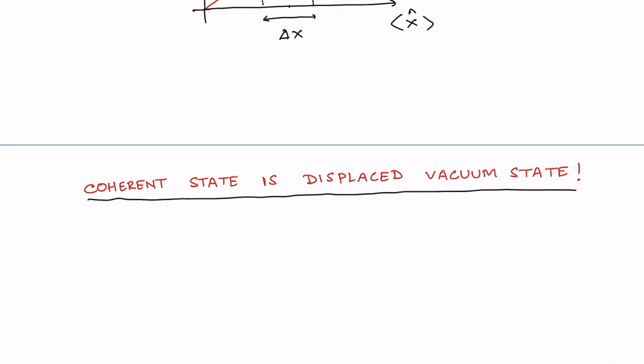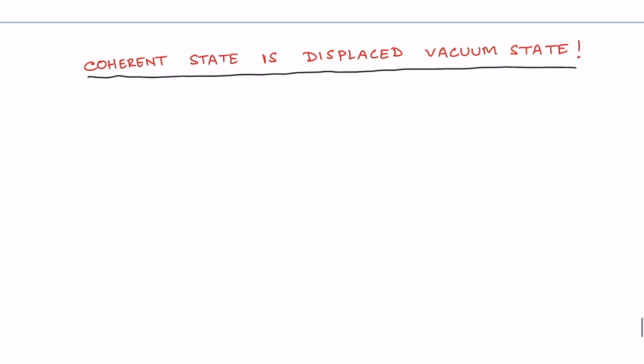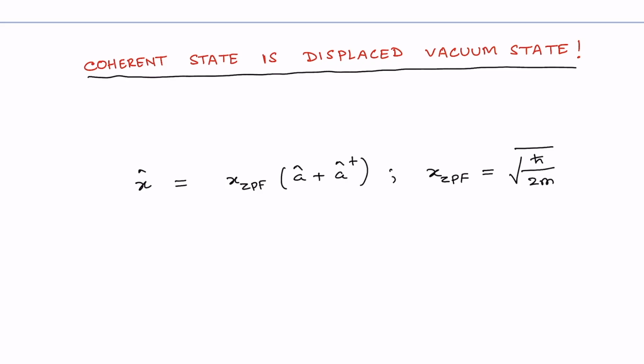By the way, this xy plot that we have done is also called a phase space plot. The reason is very simple, because you know the position operator for a harmonic oscillator, x cap, can be written in terms of creation and annihilation operators as x zero-point fluctuation times (a + a dagger), where this distance, called the zero-point fluctuation, is the square root of h cross divided by twice m omega.